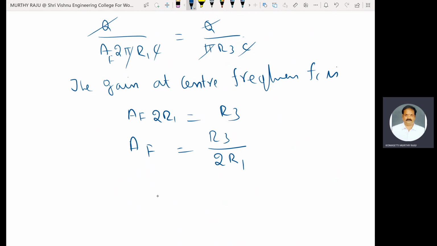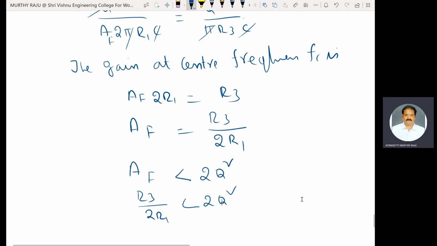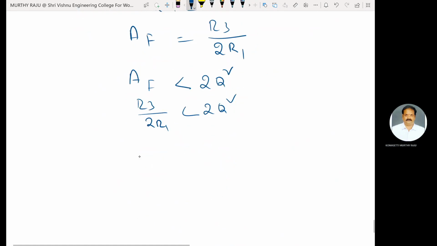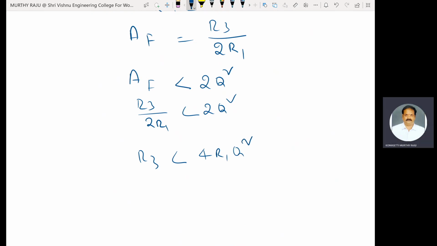The gain must satisfy af less than 2Q square. So R3 by 2R1 less than 2Q square, R3 less than 4R1 Q square. Therefore, R3 by R1 ratio is less than 4Q square.